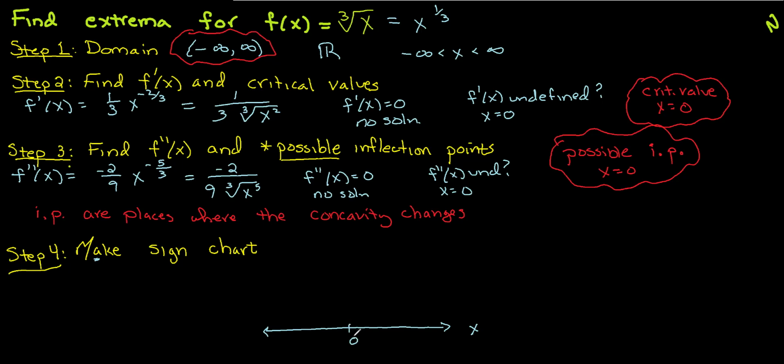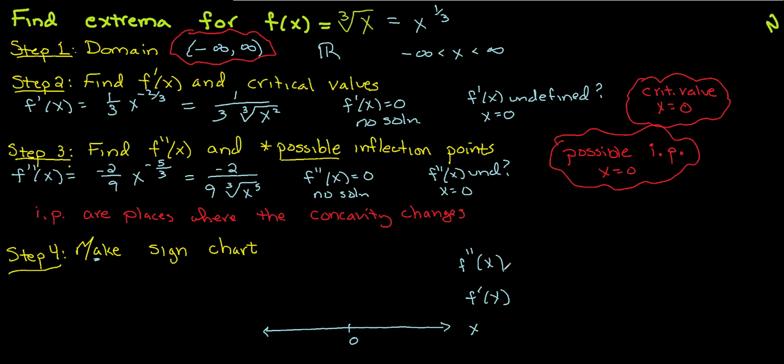If you had other possible inflection points or other critical values, you'd put them down here on your number line as well. And then my number line goes in both directions, to infinity, because that's my domain. So I'm not going to put a stopping point on either end of that. And then the next row up, I'm going to put my first derivative and then my second derivative.